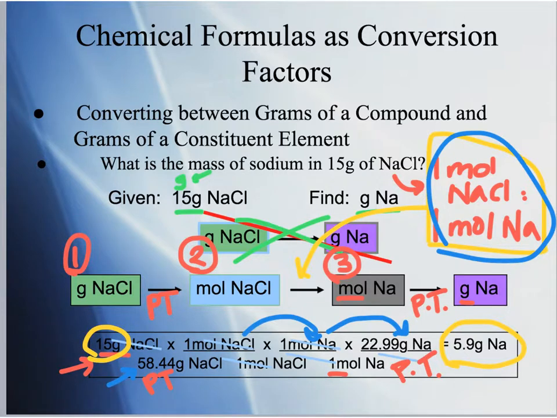Remember, all the conversion factors in between don't count for sig figs because they are consistent, like constant numbers. So for this, we're going to see in 15 grams of sodium chloride, it equates to 5.9 grams of sodium.